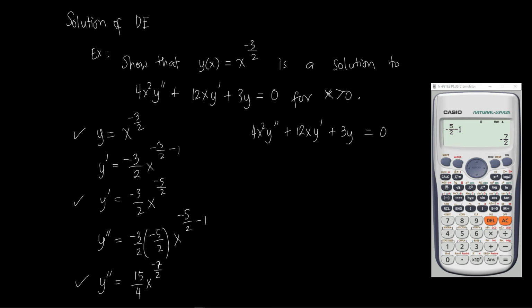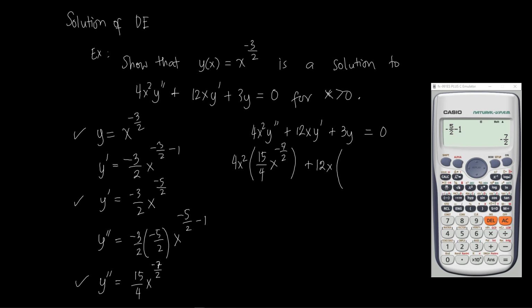So, substitute natin. We have 4x squared. Yung y double prime natin is ito. We have 15 over 4 x raised to the power of negative 7 over 2. Okay. Plus 12x.